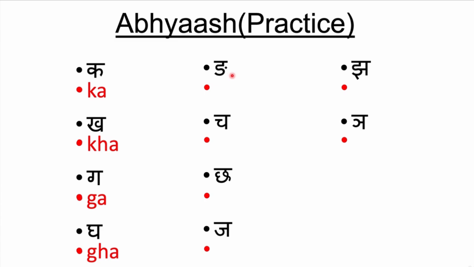Try guessing this one. Hazur, this is nga, the nasal sound nga. Moving on to the next, please guess what this is. It's cha. I hope you got it correct. Let's move to another. What is this? It's cha. Let's do another one.